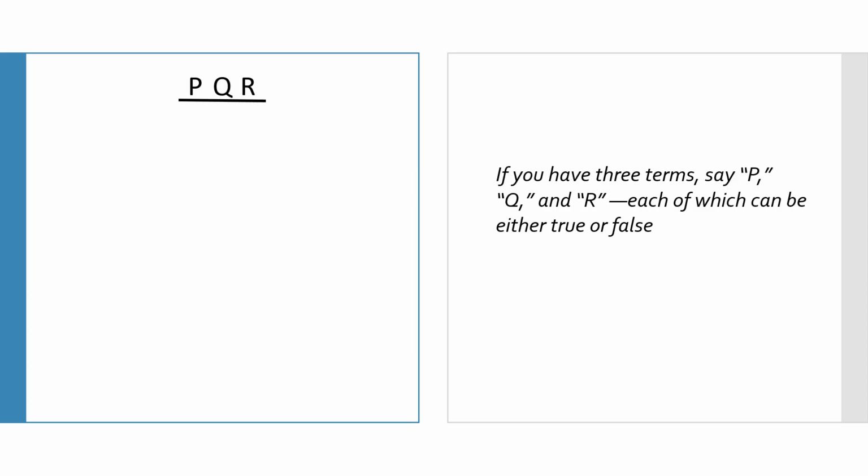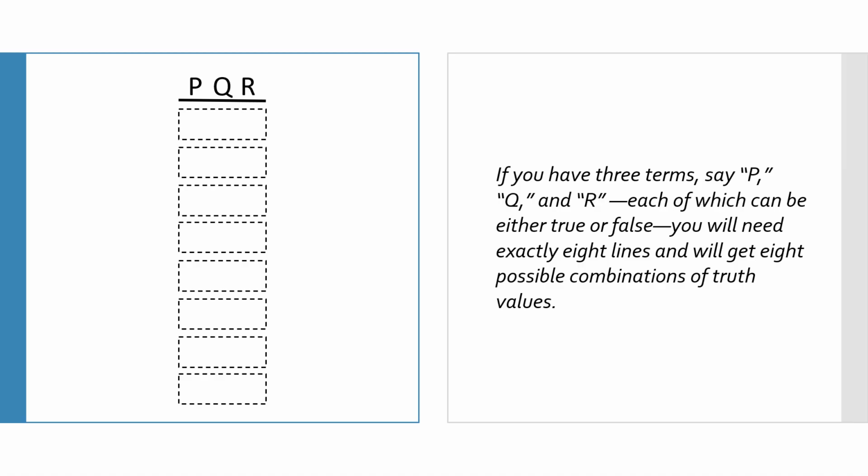Notice what happens if we increase the number of terms that we have in our complex statement. If we have, for example, 3 terms, let's say P, Q, and R, we find that each of these can either be true or false. And so if we want to sort out every possible combination of truth and falsity between these 3 terms, what we have to do is start with our pattern. The first thing to note is when I have 3 terms, I need 8 lines in total instead of simply 4.